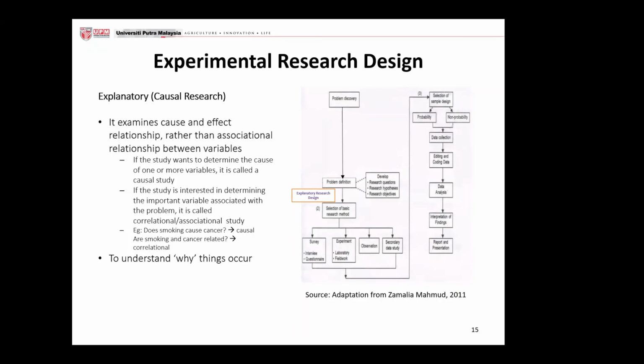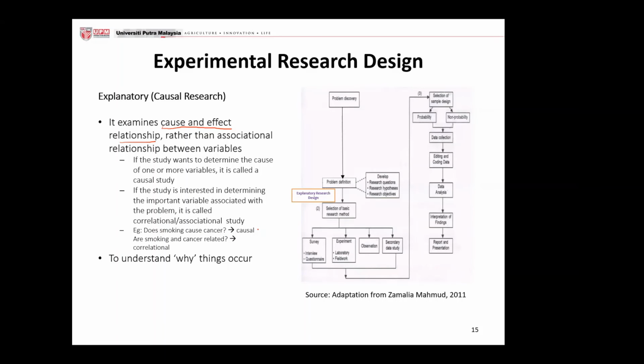Okay. Right, in experimental research design, you have to link that with causal research. It always determines the cause and effect relationship. But it's not just associational. So the major differentiation between the two is like this one. Does smoking cause cancer?